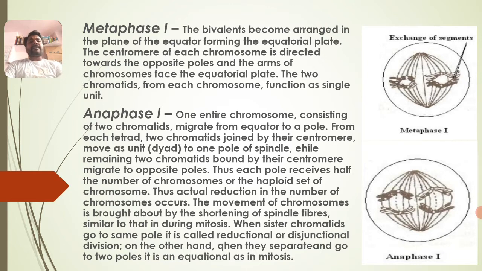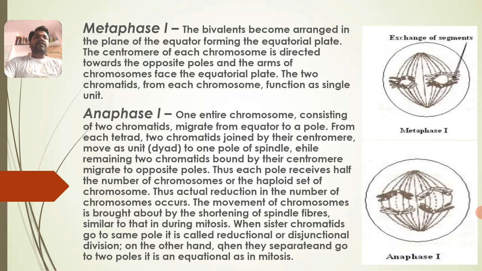The centromere of each chromosome is directed towards the opposite pole. This is very important. The centromere is directed towards the opposite pole because of the attachment of spindle fibers to the opposite pole, and also the centromeres of the chromosomes are arranged on the equatorial plane.